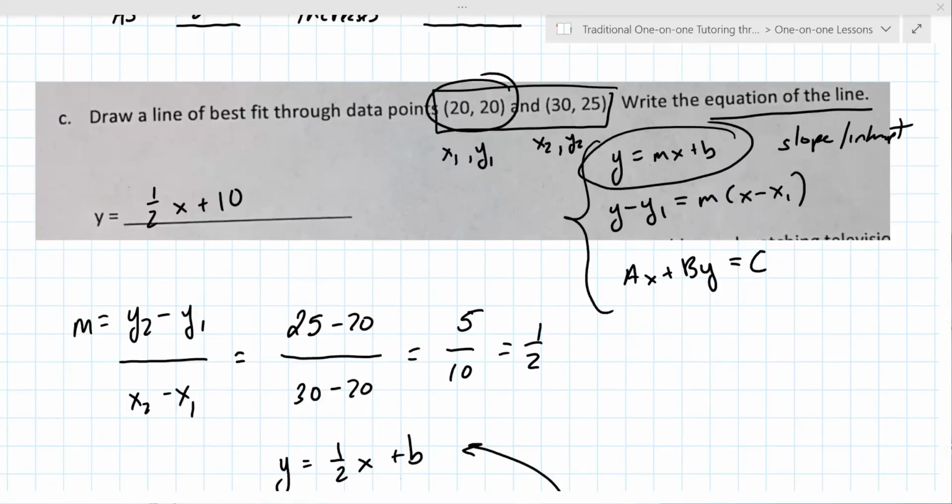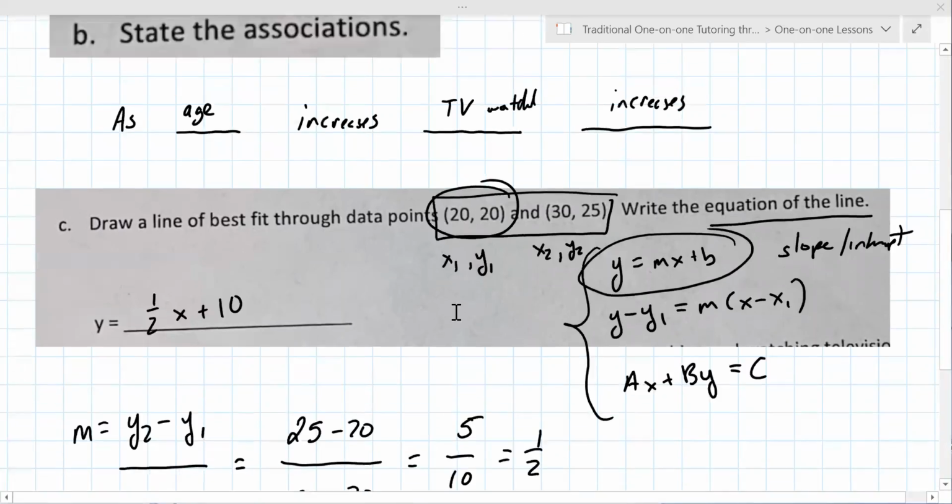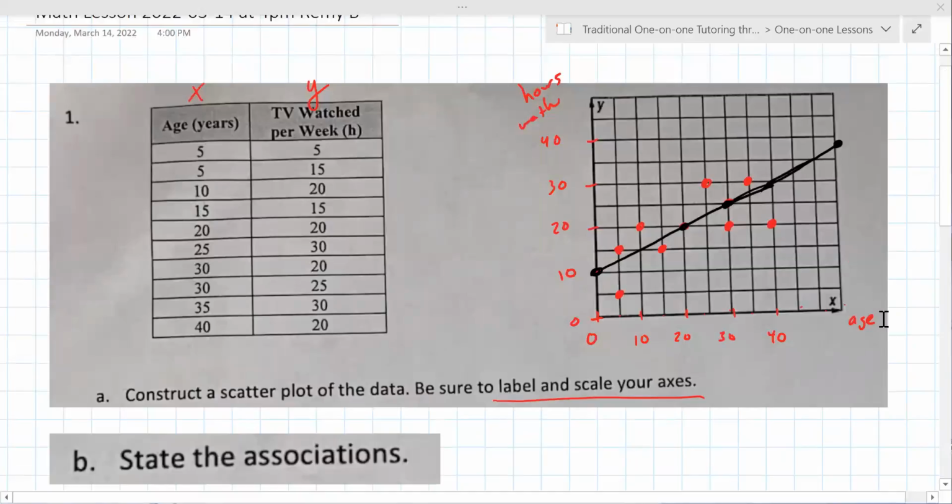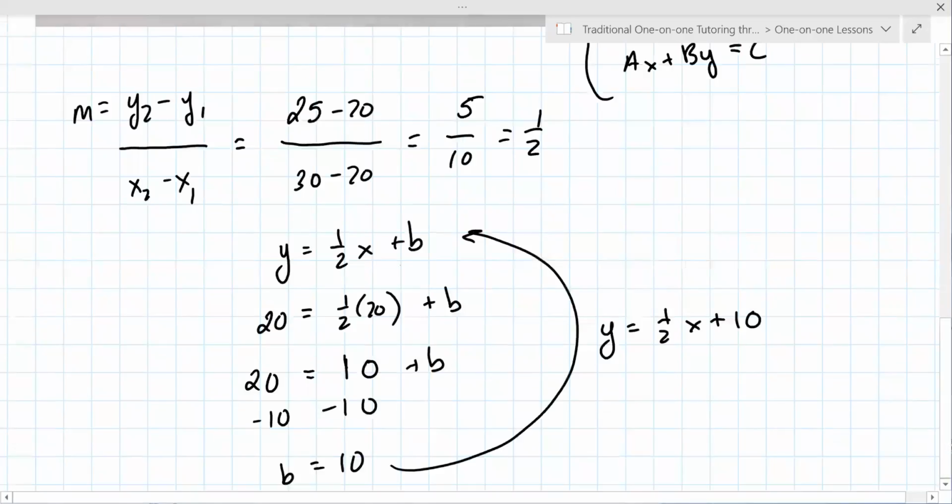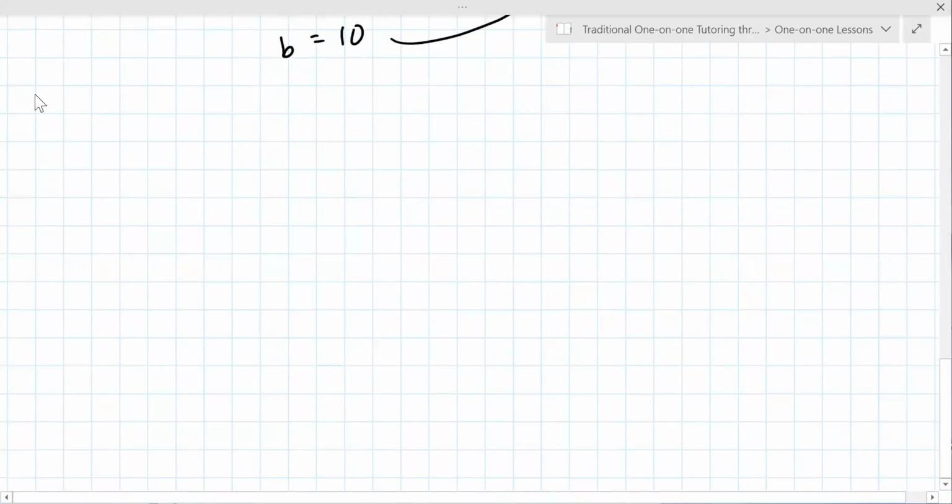Let me know when you get all that down, and we'll move on to part D. All right, I got it. Okay, so notice that x is the age of the person, and that's consistent with this here. Question D says, use your equation and see if it makes sense for another situation.